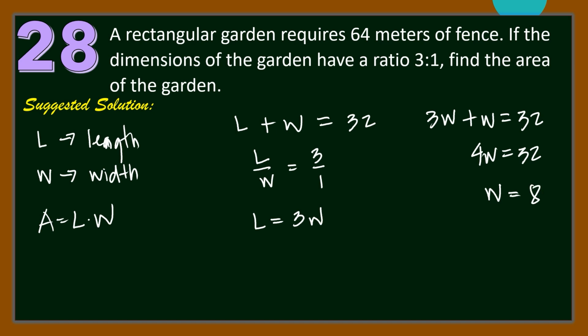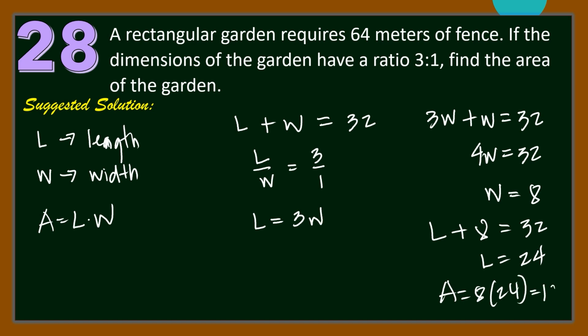And since L plus W, that is L plus 8, is equal to 32, then L is equal to 24. Hence, the area is equal to 8 times 24. This is equal to 192. So the area of the garden is 192 square meters.